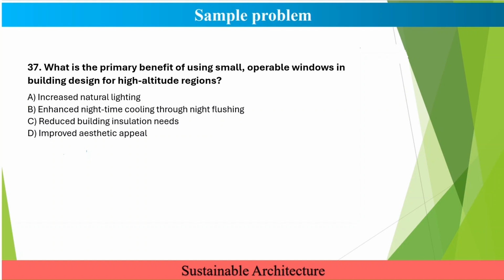What about option A, sir? Increased natural lighting. If you are using small windows, then how can the natural lighting be increased? Reducing building insulation needs, so it's C. So C is also not the right answer.